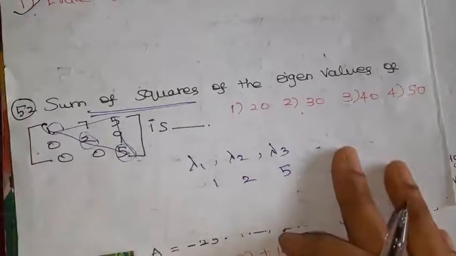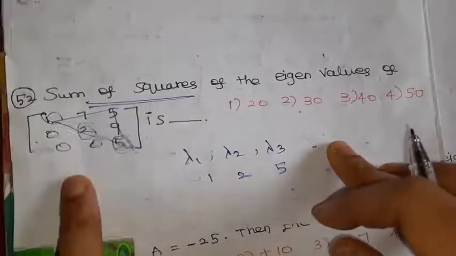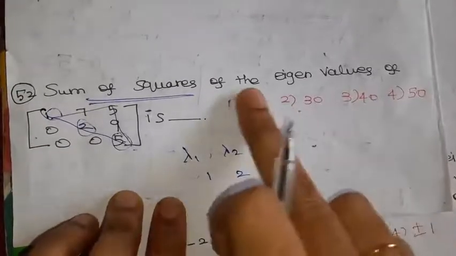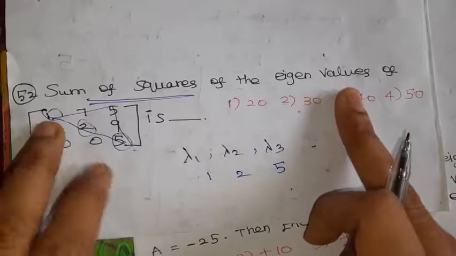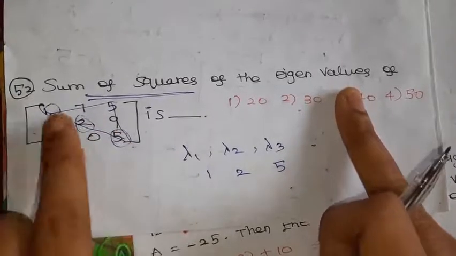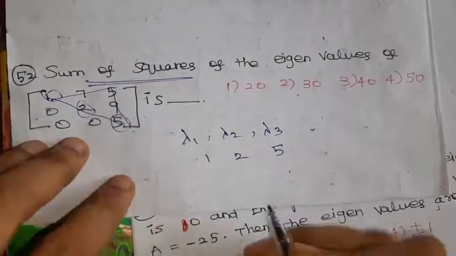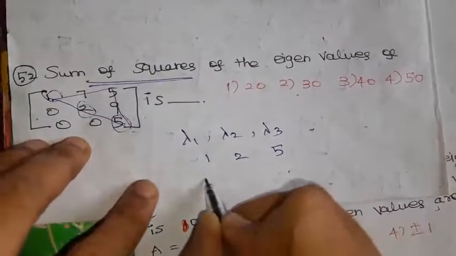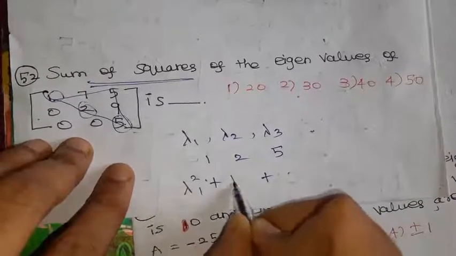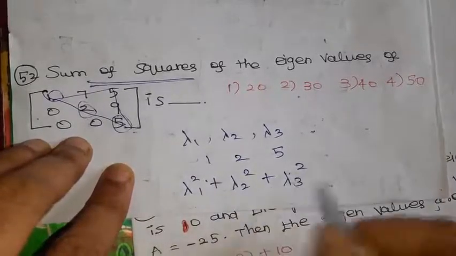For any triangular matrix, whether upper triangular or lower triangular, the eigenvalues are nothing but the leading diagonal elements. The given matrix is an upper triangular matrix, so the eigenvalues are 1, 2, 5. We need to find the sum of the squares of the eigenvalues, which means lambda 1 square plus lambda 2 square plus lambda 3 square.